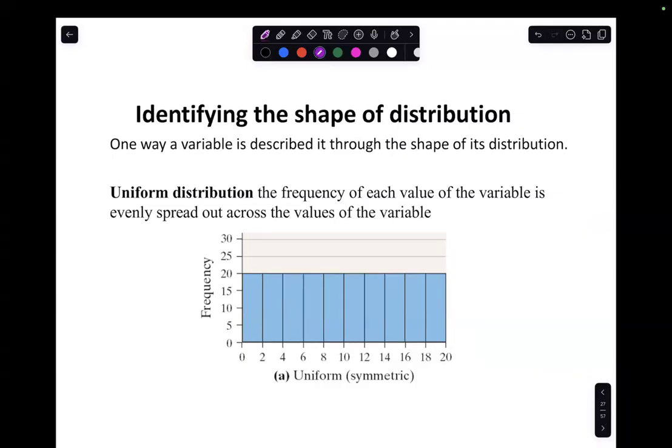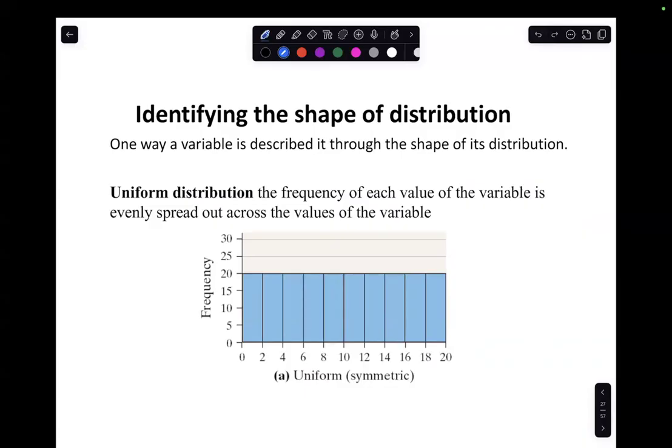It can be basically uniform and still be called uniform. Like I could have one of my bars slightly higher, and maybe another one slightly lower. But if it is basically a rectangle, we will call it uniform. Sometimes they're not exactly uniform, but they're really close. So we could call it uniform, if that makes sense.